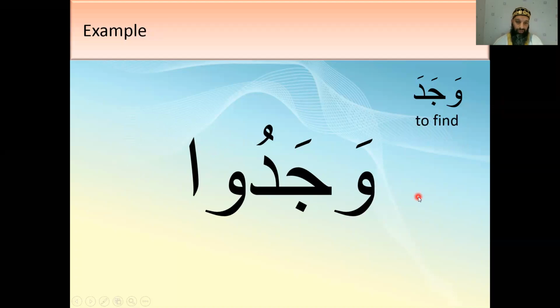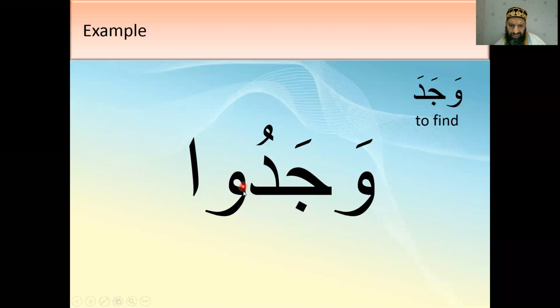Wajadu. What's wajadu? They all. The dal here takes a dhamma for this one. That fatha converts to a dhamma when a waw comes. So it won't be wajada'u, it'll just be wajadu.